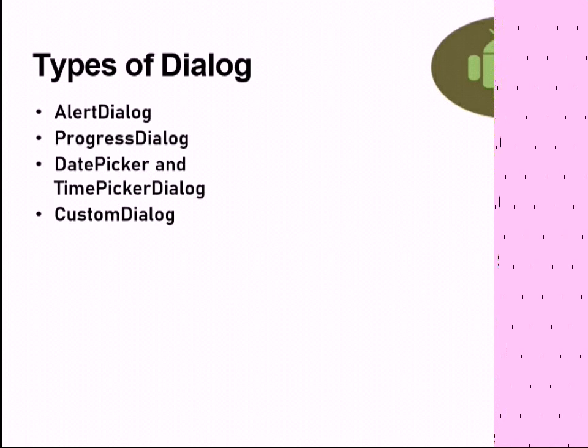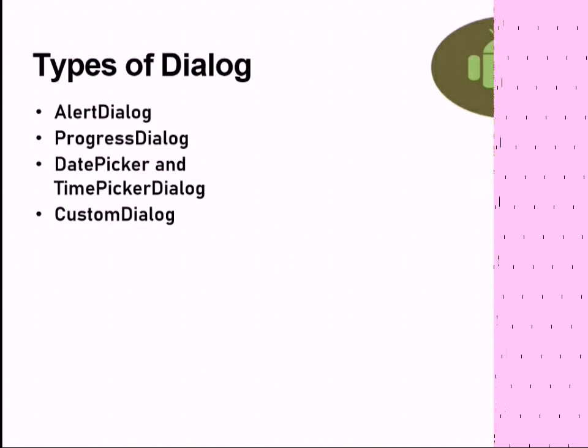There is alert dialogue, progress dialogue, date picker dialogue, time picker dialogue, and custom dialogue. Basically, alert dialogue prompts the user with a message with a customizable layout and three buttons, which let the user perform a few actions.